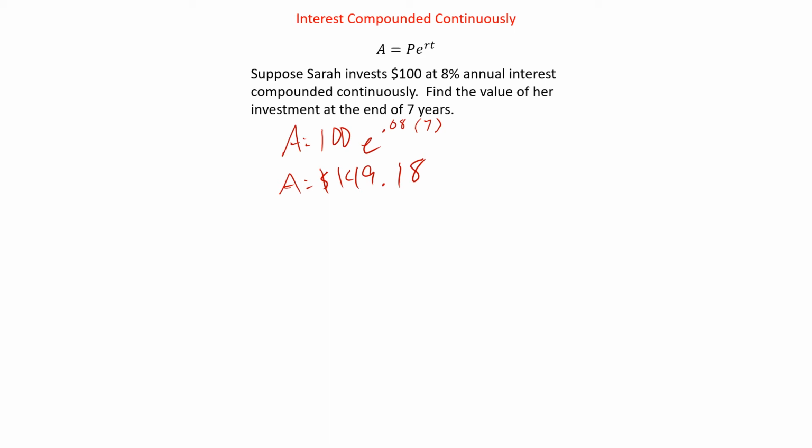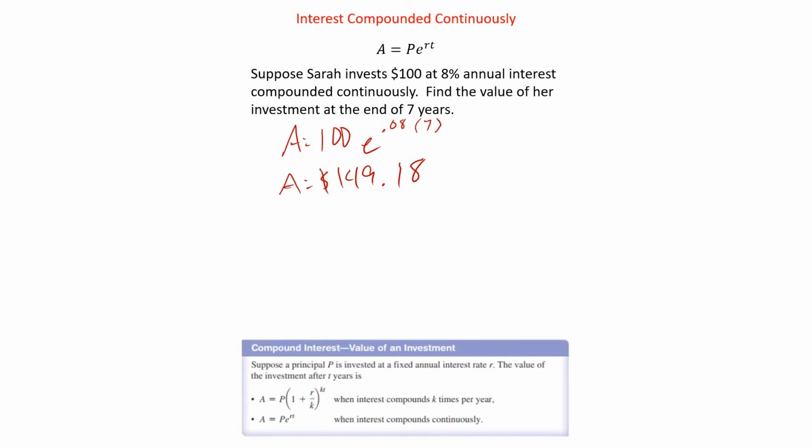And so that's just another type of interest. So we have our two types. We have compounded k times per year, which gets that equation, and then compounded continuously gets the other equation. So that's just a quick little recap of that.